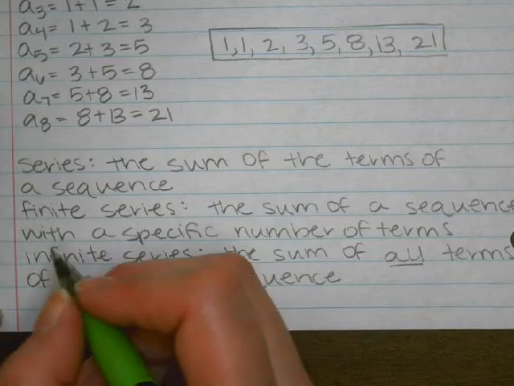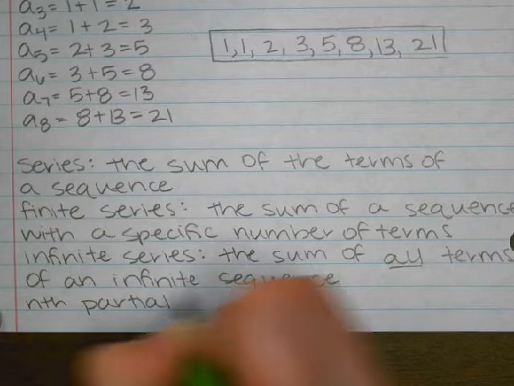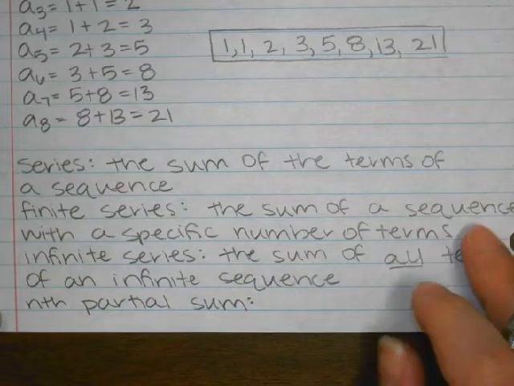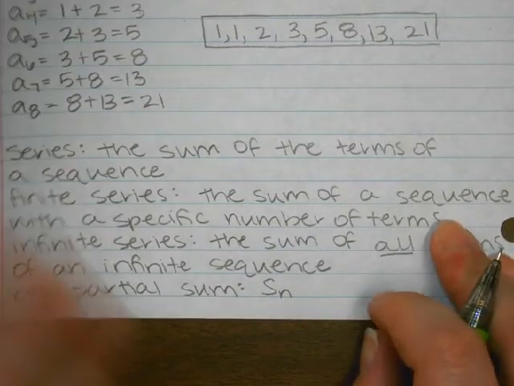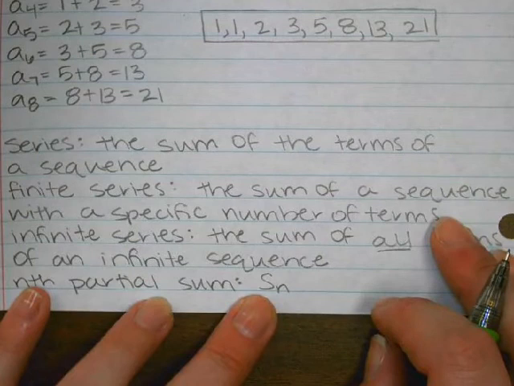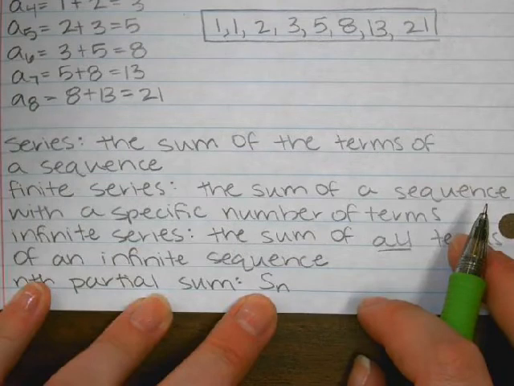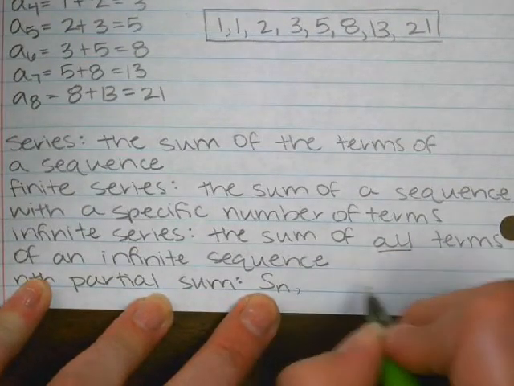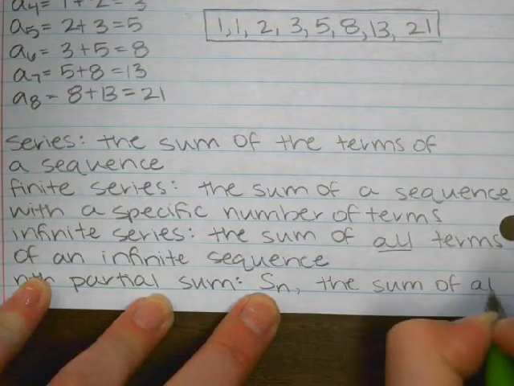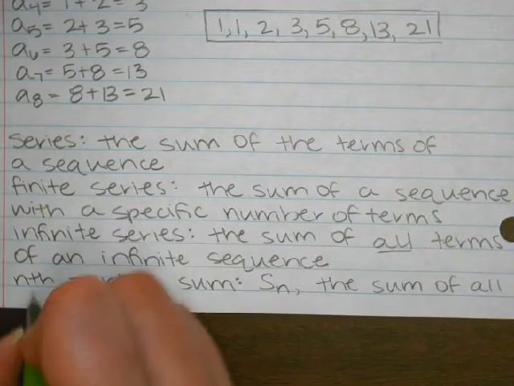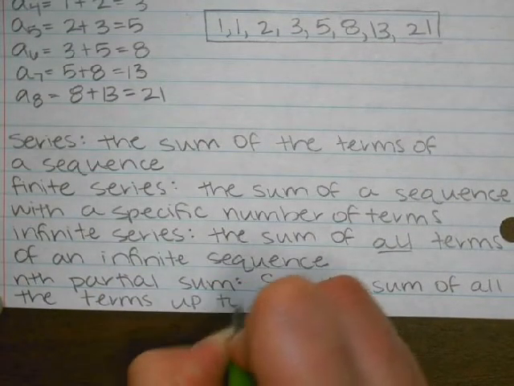And then we have the nth partial sum, and the notation for this is S sub n. So A sub n represents a sequence, S sub n represents the sum of a sequence, and S sub n is the sum of all the terms up to the nth term.